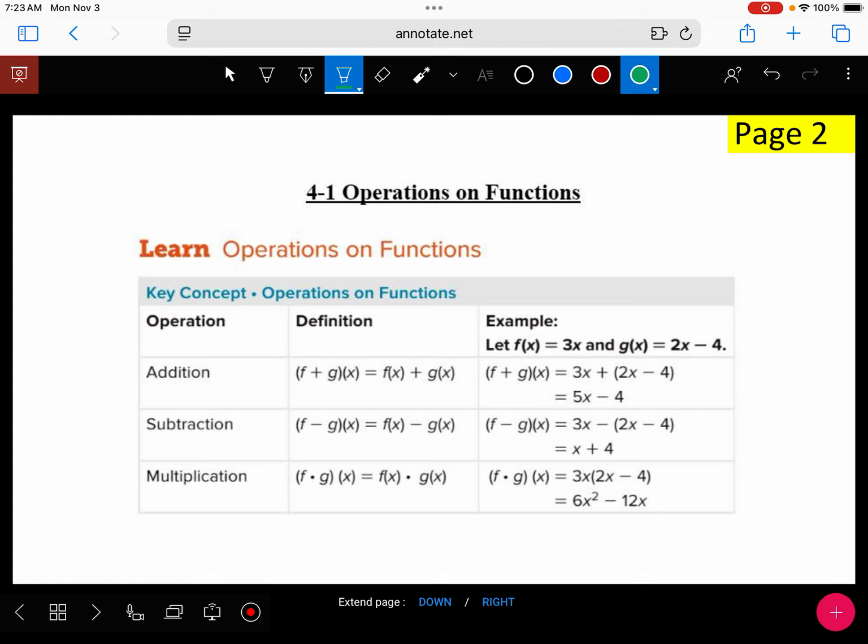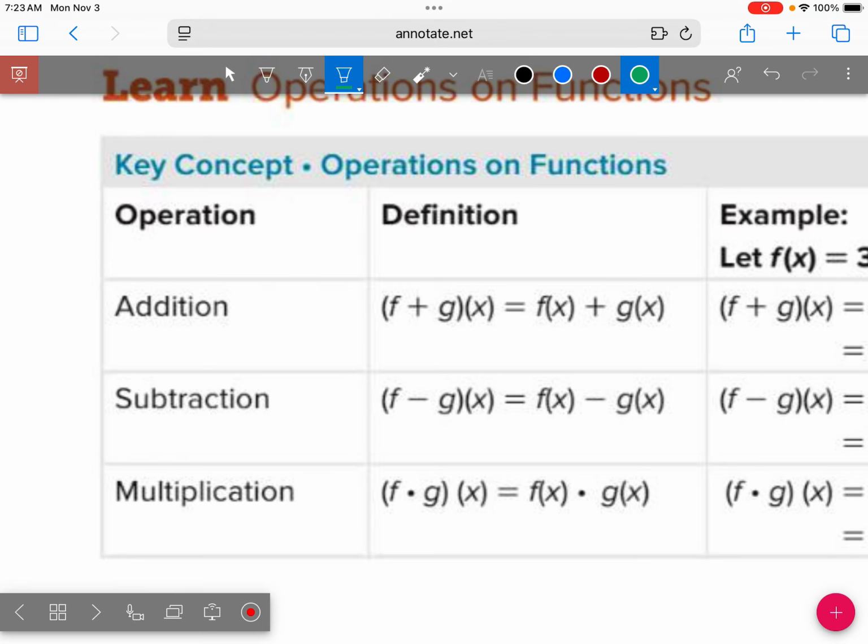All right, so we're going to look at these two functions. f of x is 3x and g of x is 2x minus 4. And we're going to take those functions and we're going to add them, subtract, and multiply. Now, what I want you to write for subtraction is you always have to distribute the negative. So you have to change the signs after the subtraction.